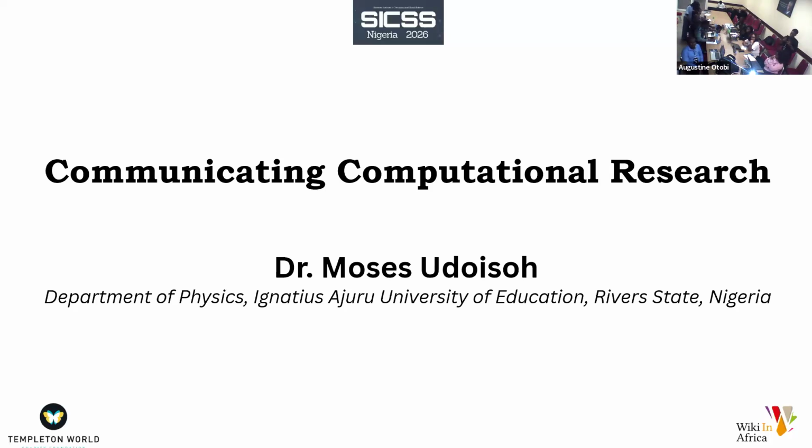Until 20 years ago, the methods and approaches of research were confined to just three. Before now, we only had experimental, theoretical, and empirical researches. The computational kind of research is new.